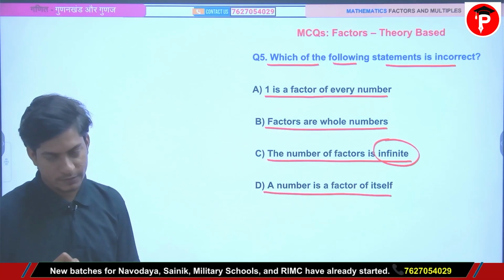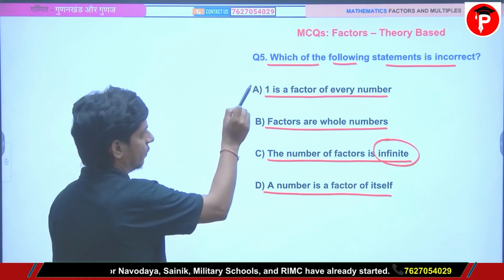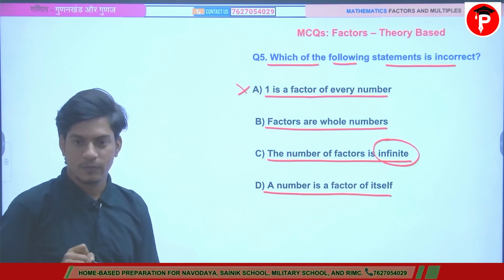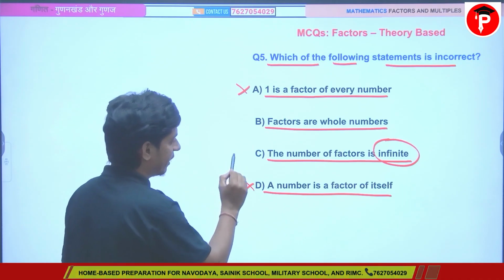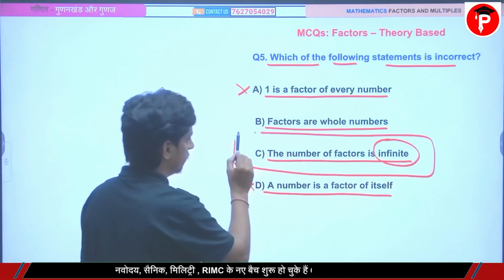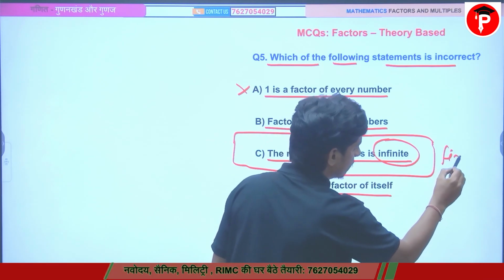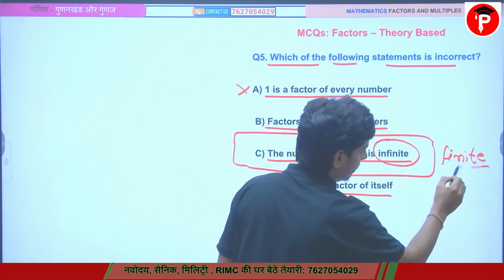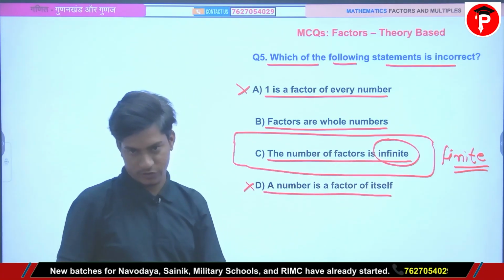Now 5 seconds. Yes, A. No, A is wrong. Some students are saying D. D is also wrong. Here C will be the correct answer because the number of factors is finite, fixed, limited. The number of multiples is infinite.